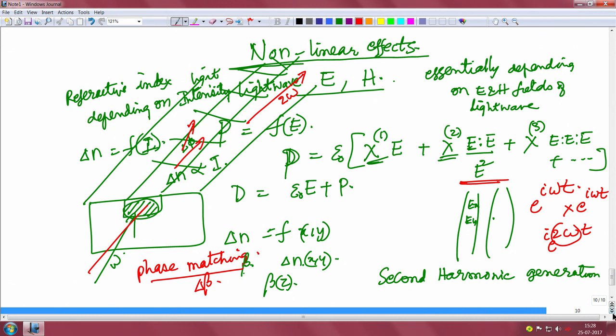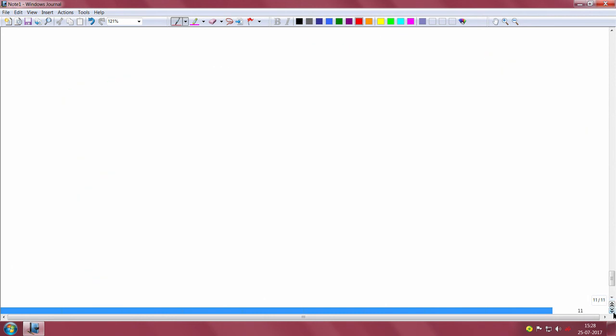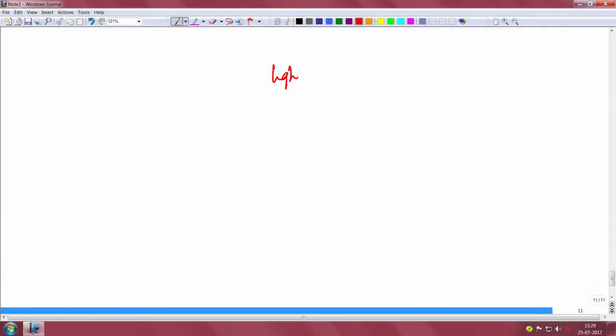So, there are many other effects that can be used to control the properties of optical waveguides. In this discussion we have considered only properties which are dependent on the external. We have not considered properties where there is interaction between the light and matter.